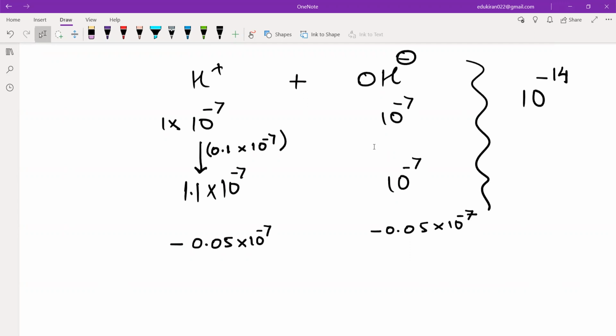Look at this if you are okay with just estimating that it will be 0.05. Tell me. No one? Atif, Mariam, anyone?